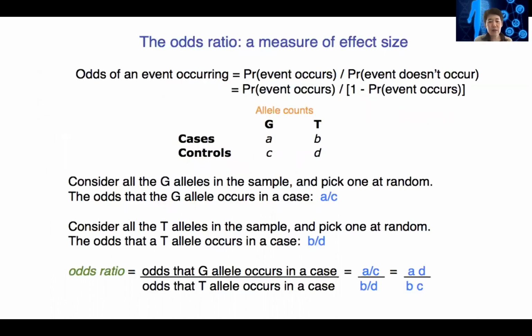Another important issue is odds ratio. And so you can imagine the more people you have, the stronger p-value you have, but the actual disease association might not be very, very strong. So you are asking, you know, the effect size, odds of an event occurring divided by the events not occurring.